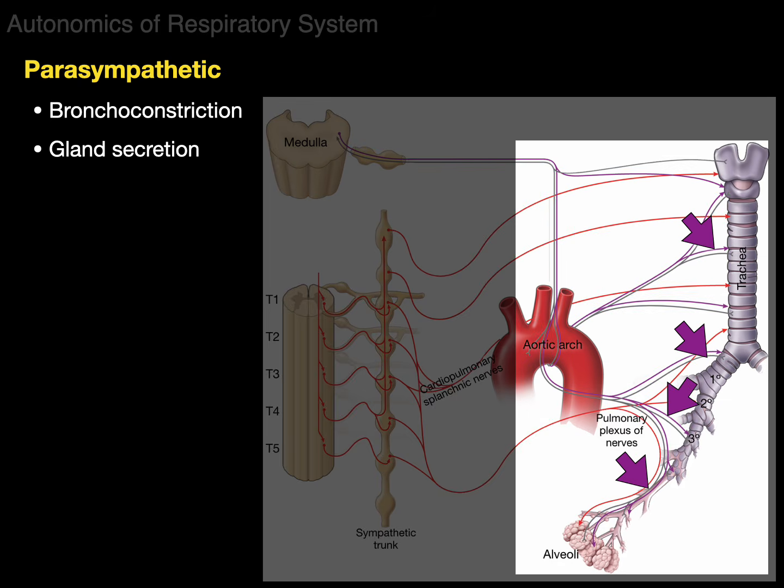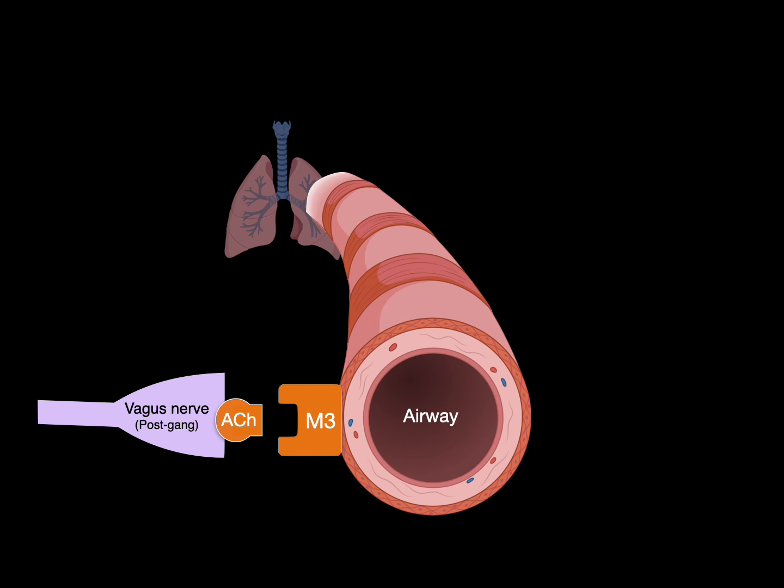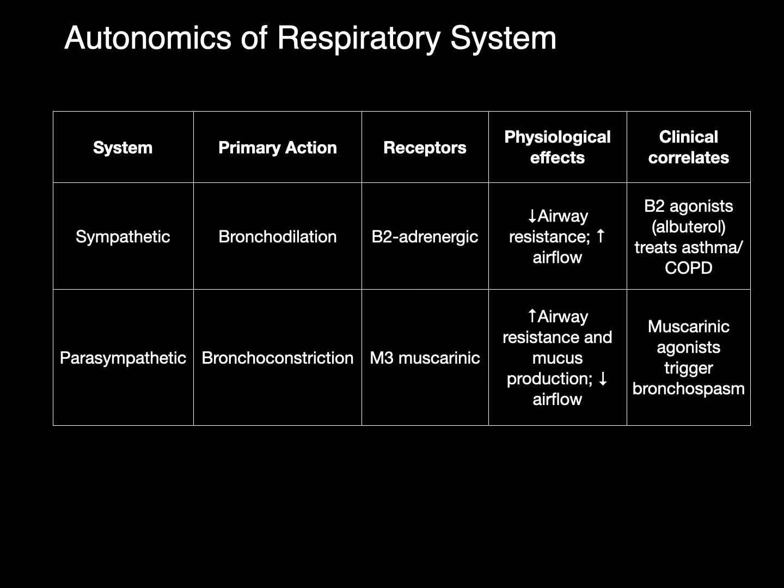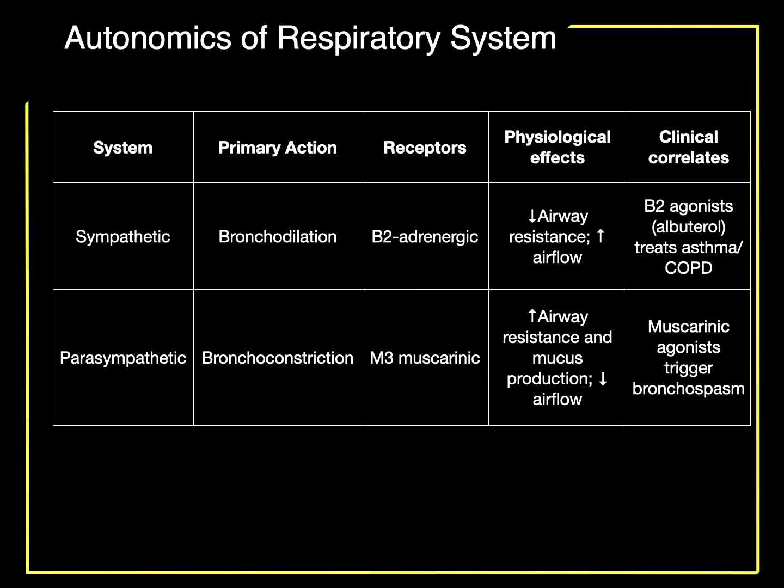And it's going to synapse with the postganglionic parasympathetic neuron in the wall of the trachea and airways. And then that postganglionic neuron releases acetylcholine, which binds to an M3, muscarinic 3 cholinergic receptor, and then causes bronchoconstriction and also increases glandular secretion. And that, my friends, is autonomics of the respiratory system in a nutshell.